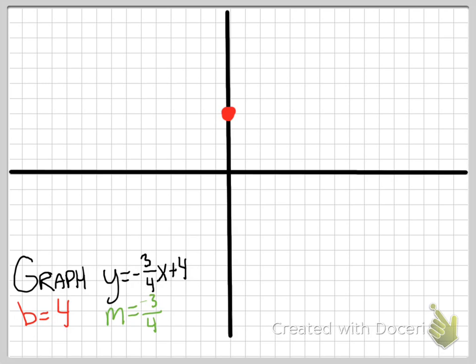So from our y-intercept that is 4, we're going to go a rise of negative 3, so down 3, and a run of positive 4, so right 4. I can make as many points as I feel are necessary, and then connect them with a line. And this is how we graph a line that is in slope-intercept form.